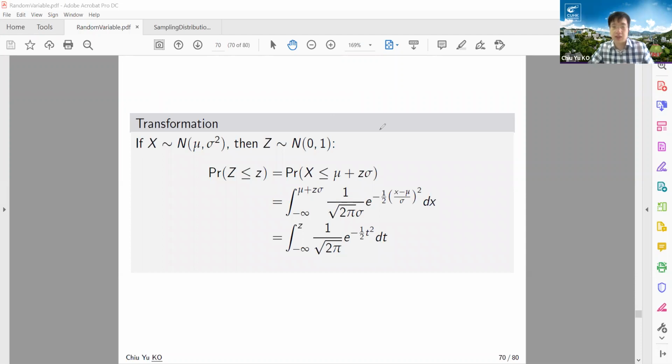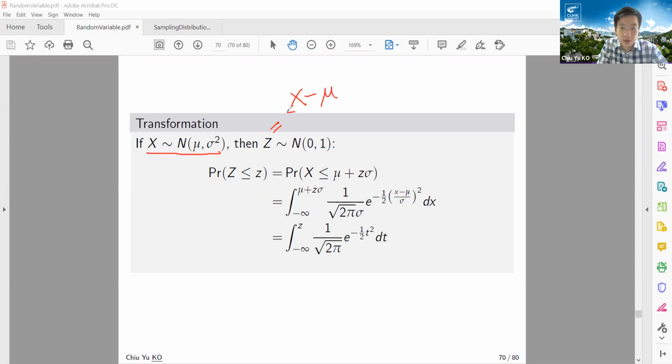So I just highlight what might be needed, but you don't need to worry about that. Can you see my slides? Good.